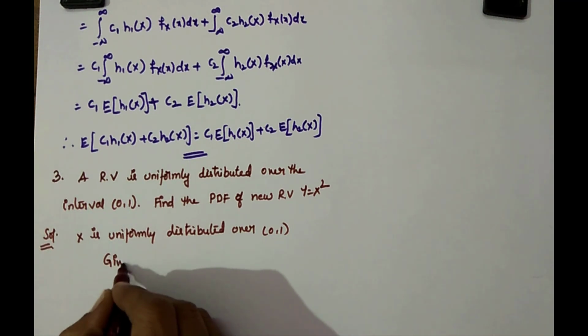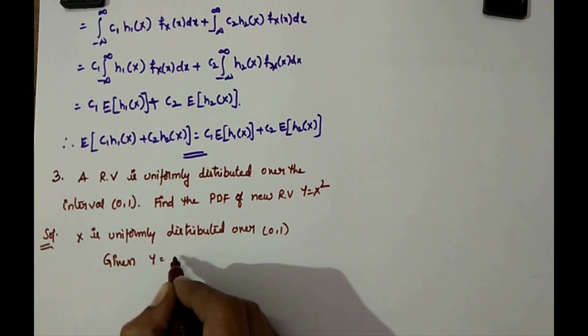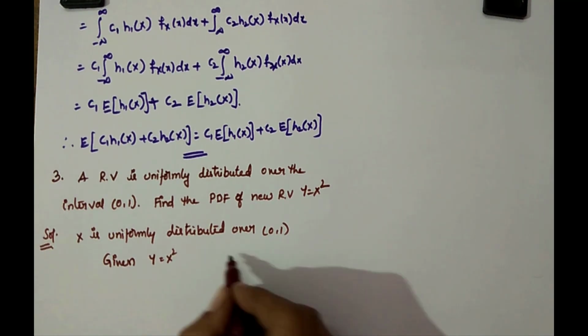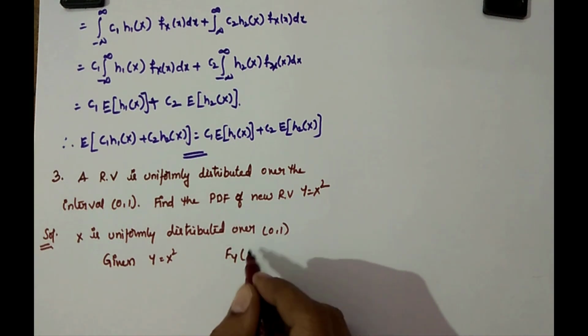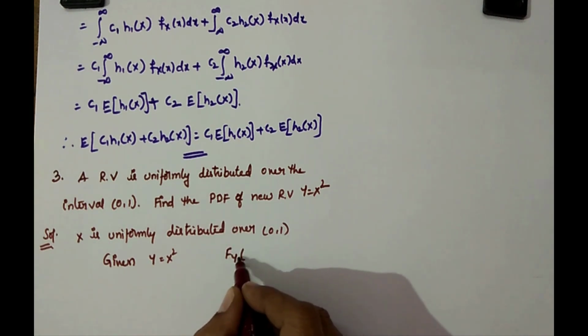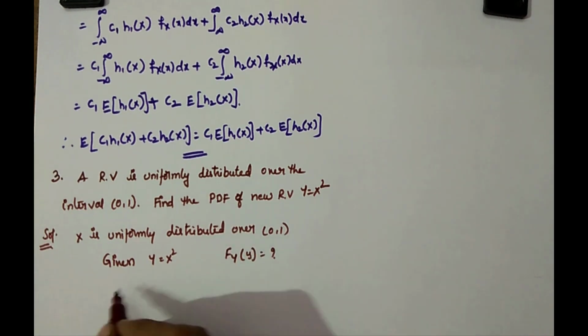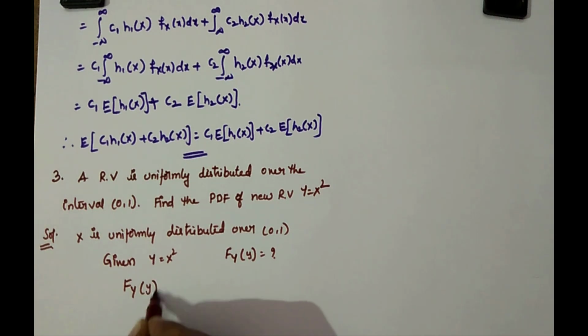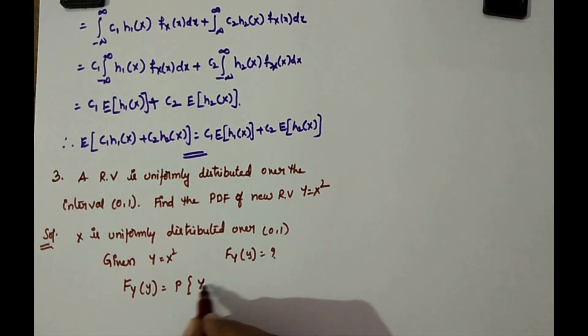Given the new random variable y equal to x square, you have to find the PDF, probability distribution function of the new random variable, fy of y. So now see carefully. From the definition of probability distribution function, fy of y is probability of y less than or equal to small y.